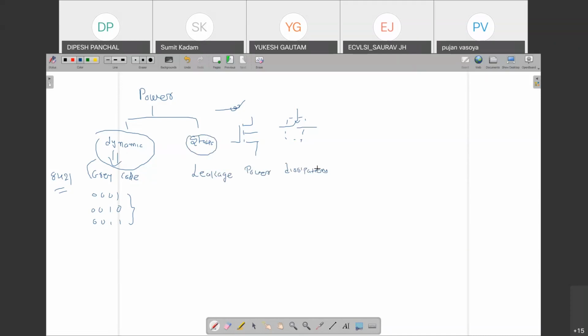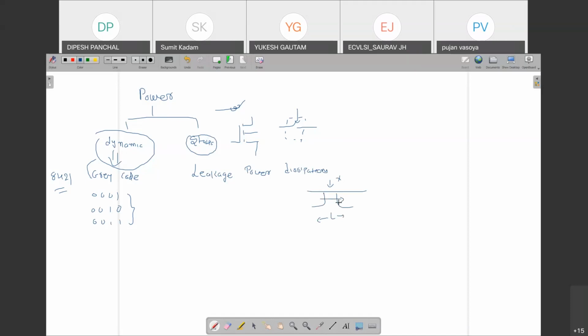The reason is that nowadays source and drain are very near to each other, 3 nanometer, let's say 5 nanometer. So if you do not apply any gate voltage, there is still a chance of carriers flowing, which is a leakage current. Nowadays the trend is that for each and every design step, you have to worry about the power and how you can handle this leakage power.